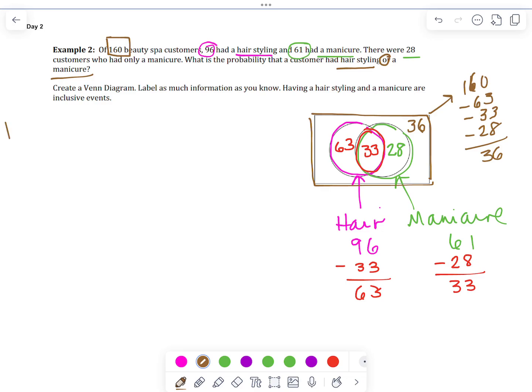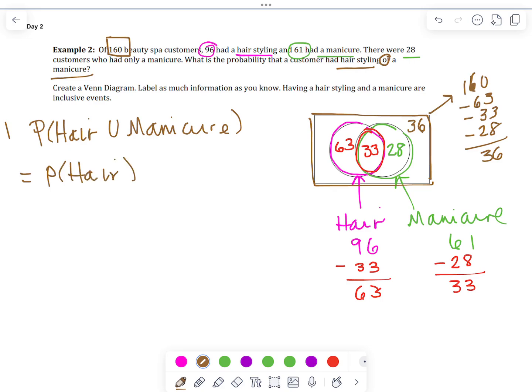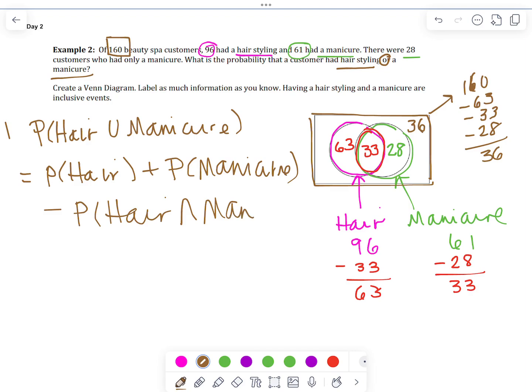So we say the probability of hair or manicure equals, you add up those who had their hair done plus those who got a manicure minus those who got both their hair done and a manicure.